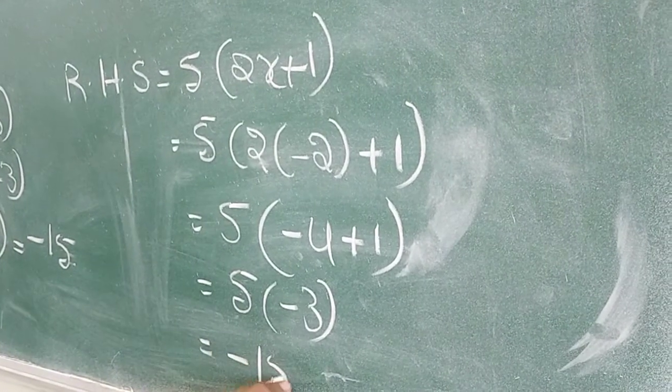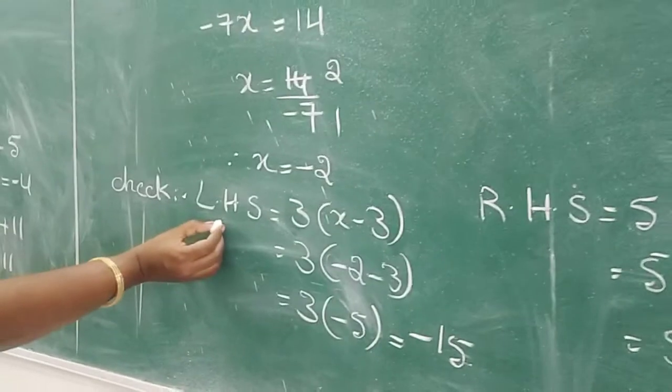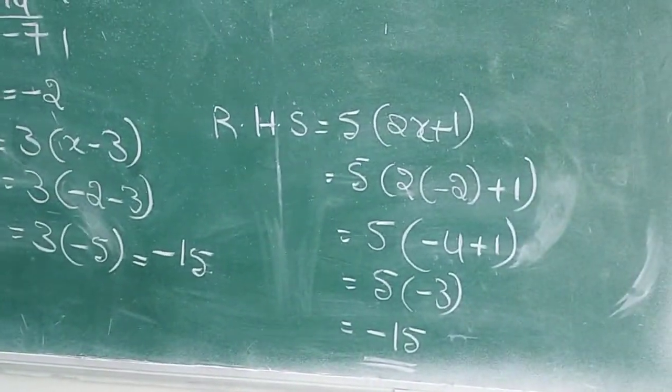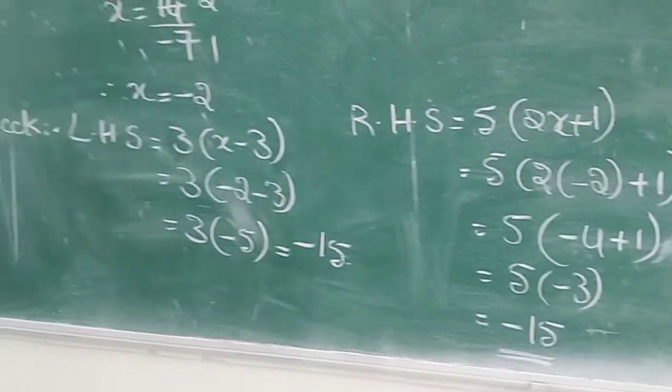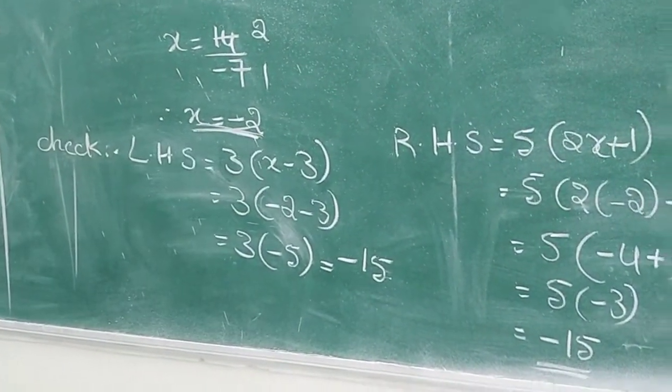Minus 15. The value of LHS and RHS is equal, minus 15, satisfying the equation. Therefore, the value of x equal minus 2.